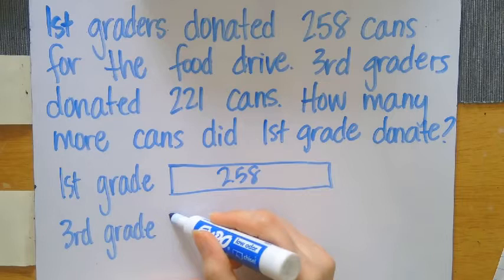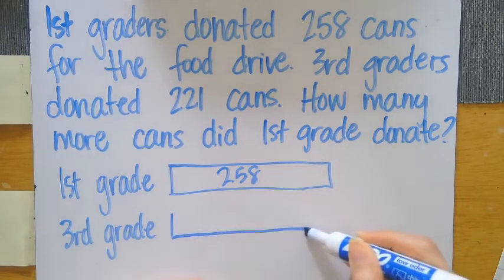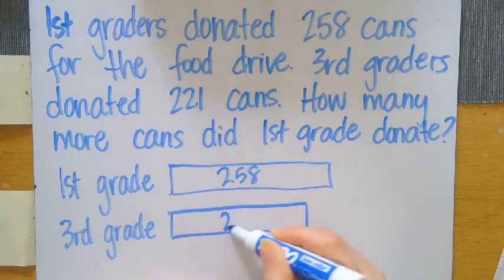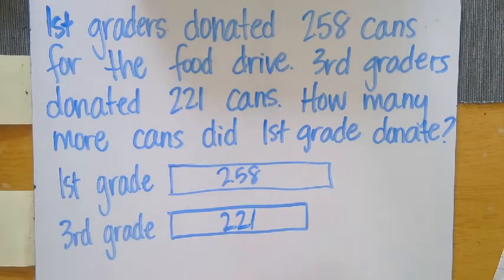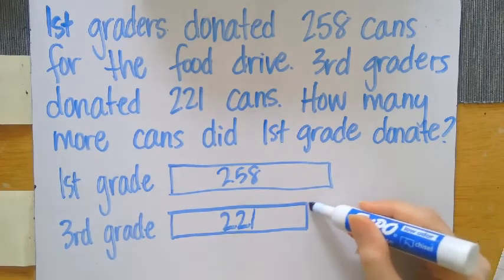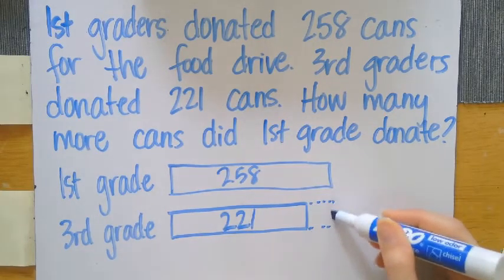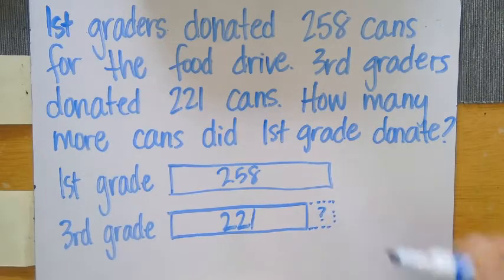Third grade donated 221 cans. We need to figure out how many more cans first grade was able to donate. So this piece here is what we're trying to figure out.